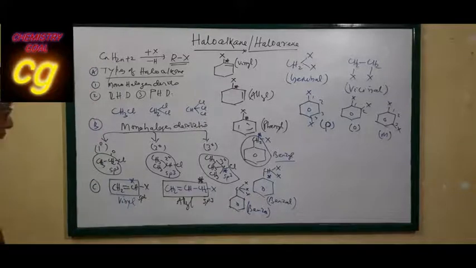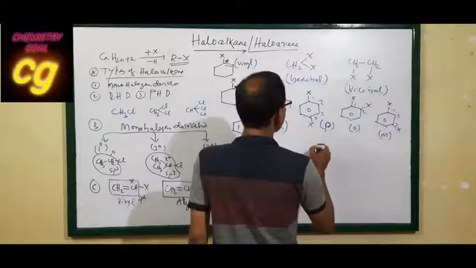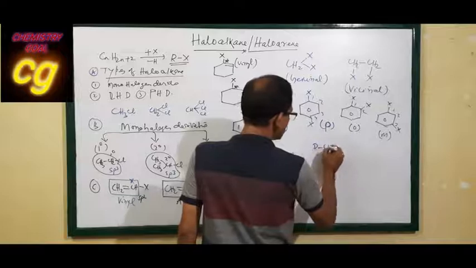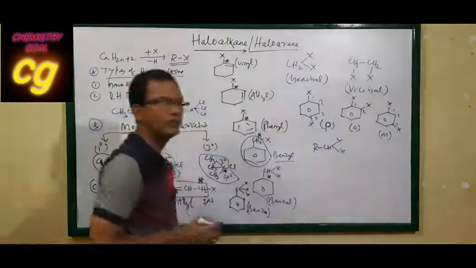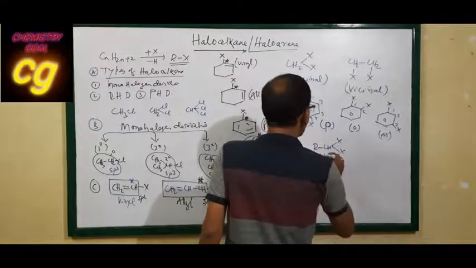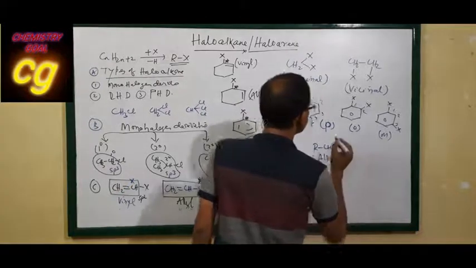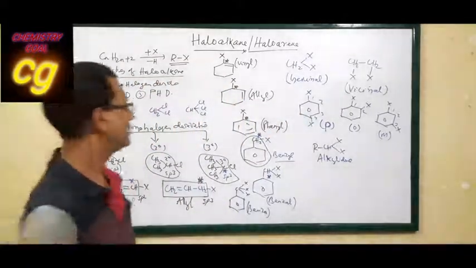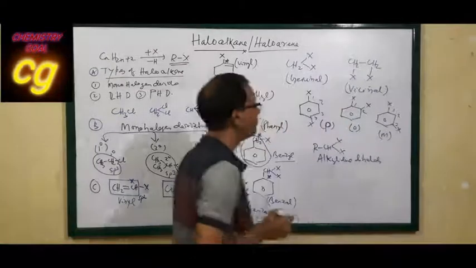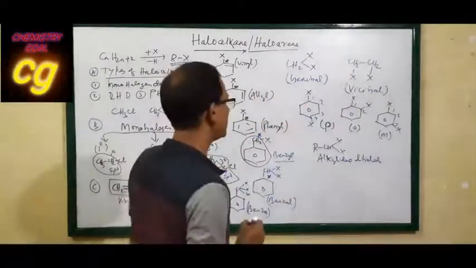You can also say haloarene. This geminal dihalide has a specific name: if the gem group CH and XX is attached, in the nomenclature it is called alkylidene halides. But for vicinal, it is called simply ethylene dichloride.